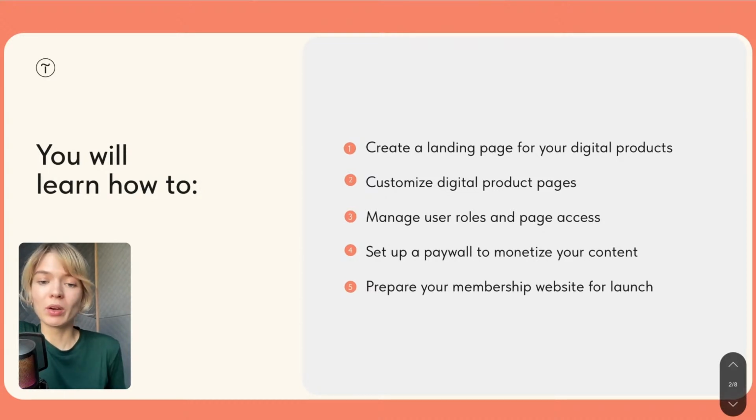And finally, we're going to go over some steps to launch your website successfully. We're going to talk about SEO, assigning a domain name, and all the basic website settings that you need to manage before launching your website and advertising it for your potential members.